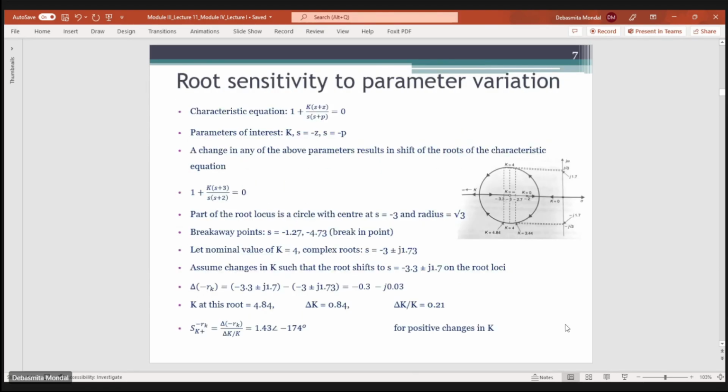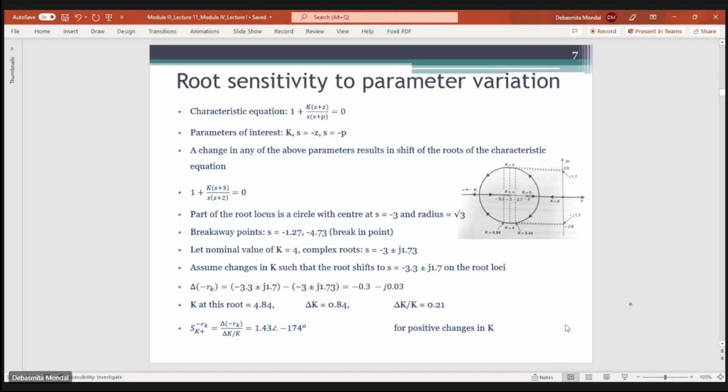Let us say you are given a characteristic equation like 1 plus k times (s plus z) over (s plus p). The parameters of interest here are the gain k, the zero position at s equals minus z, and the pole position at s equals minus p.